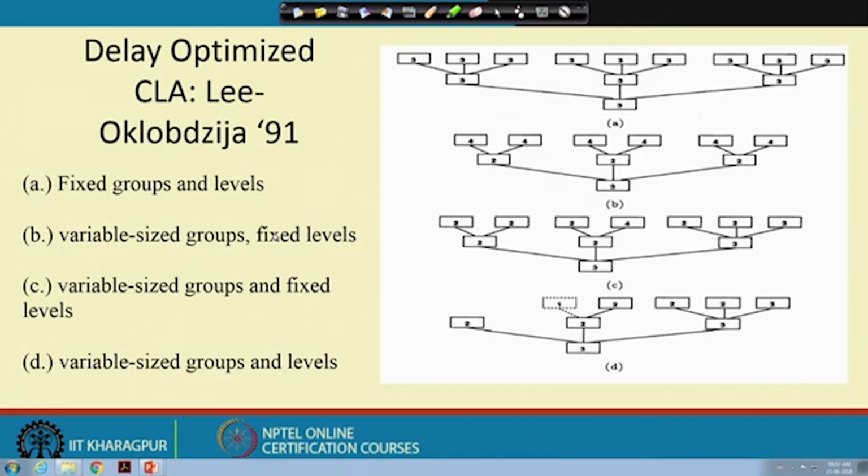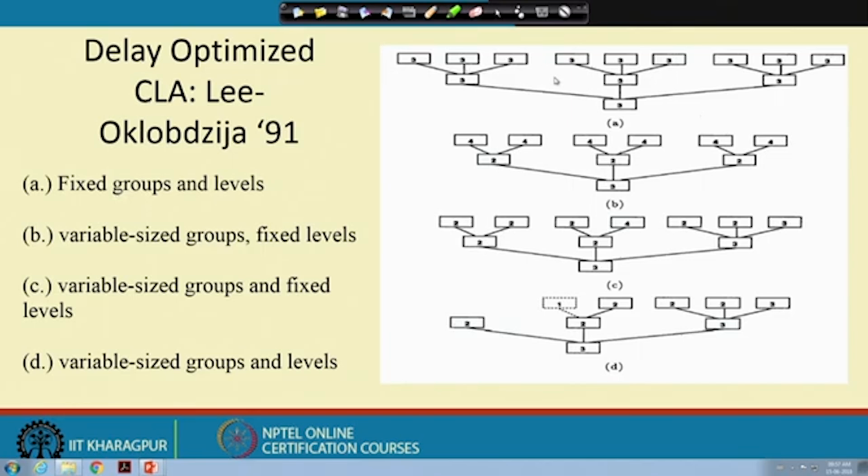That is how we can optimize the CLA. If we consider different kinds of topology for implementing the carry bit, we will get different numbers in the corresponding critical path. Here you see fixed groups and levels.